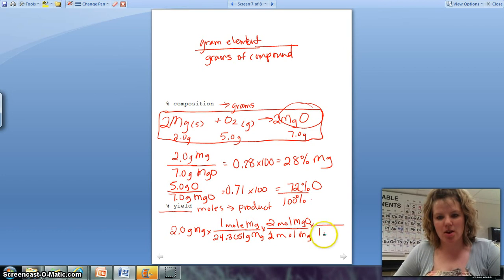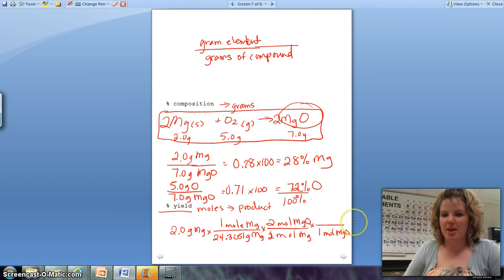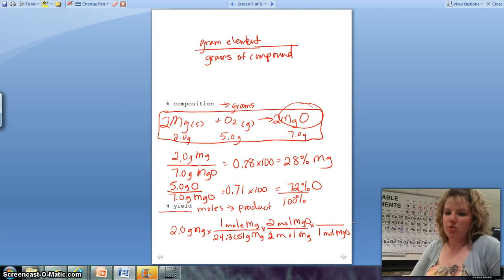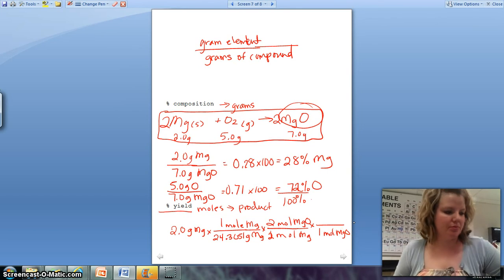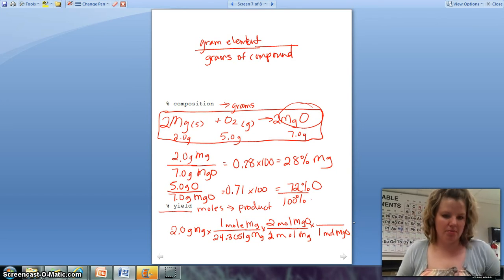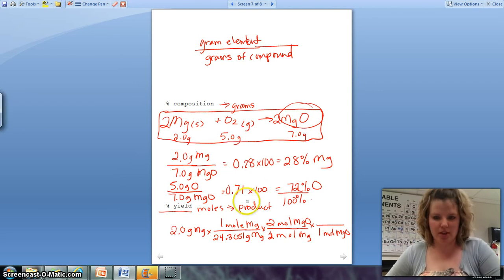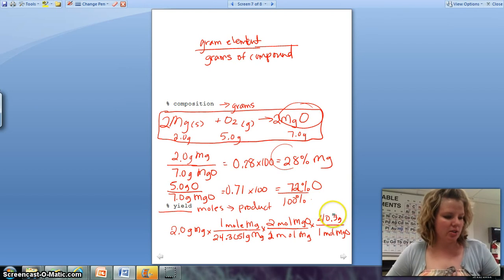And then you have 1 mole of magnesium oxide over its molar mass, which would be 24.3 plus 15.9999, which would give us 40.3 grams.